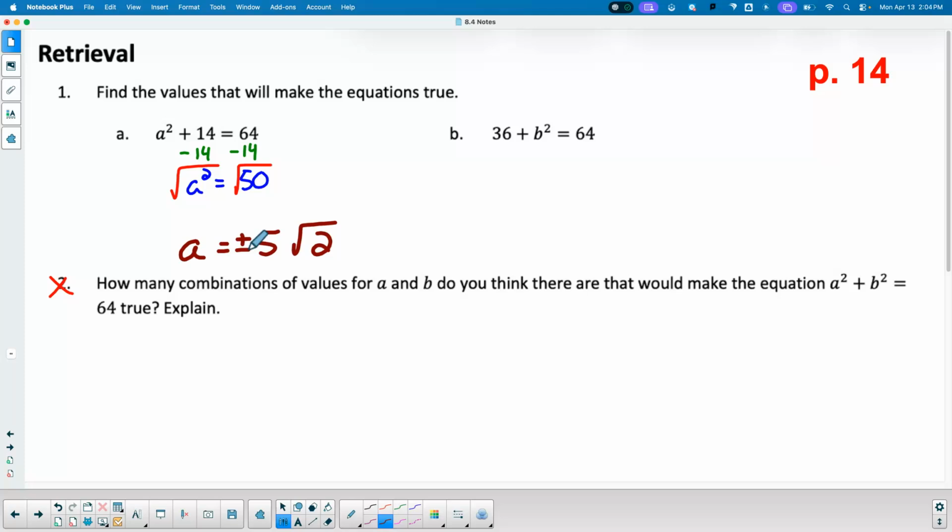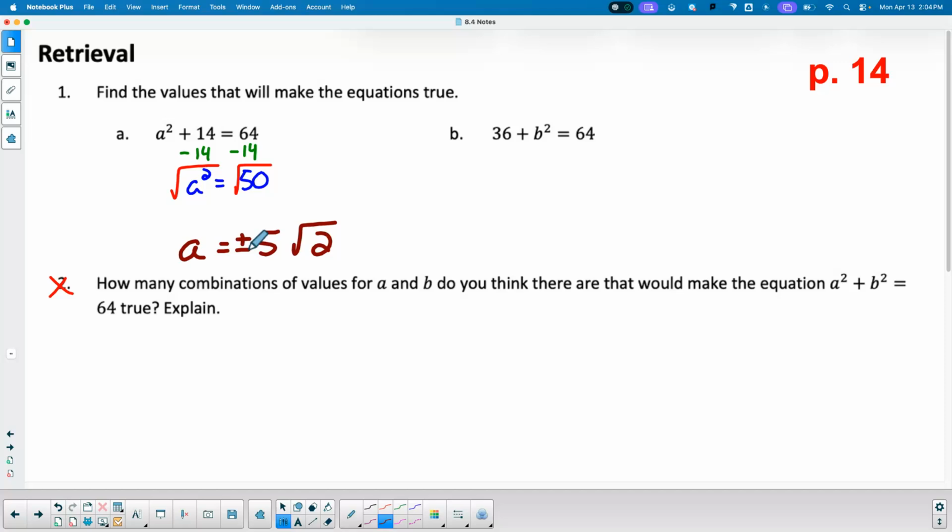When you take the square root in the equation, then your answer after that has a plus or a minus attached to it. Because a negative times a negative is still a positive. Negative 5 square roots of 2 times negative 5 square roots of 2 is still positive 50. I'm not too worried about that plus or minus right now, but just know that that would be normal.